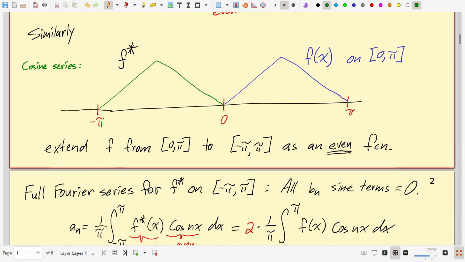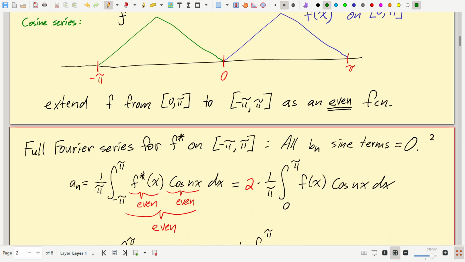And then when you write out the full Fourier series for that f star on minus pi to pi, all the odd terms are 0, meaning all the sine terms are 0.